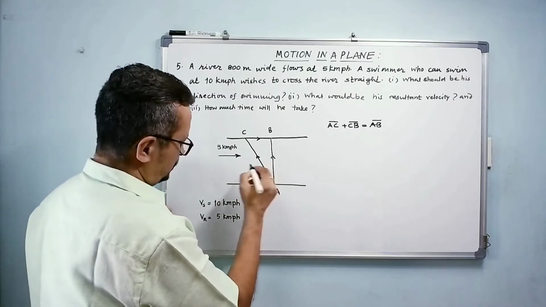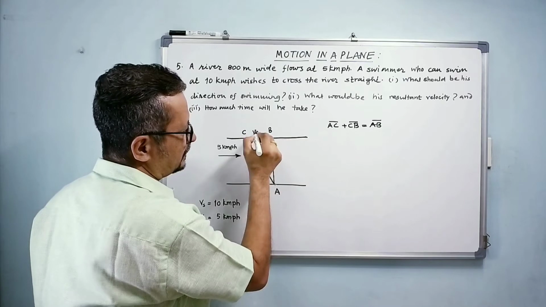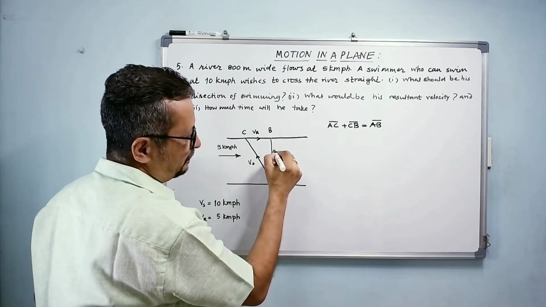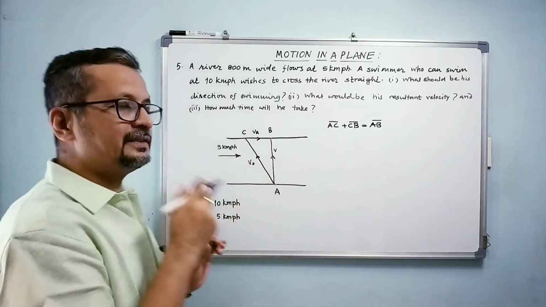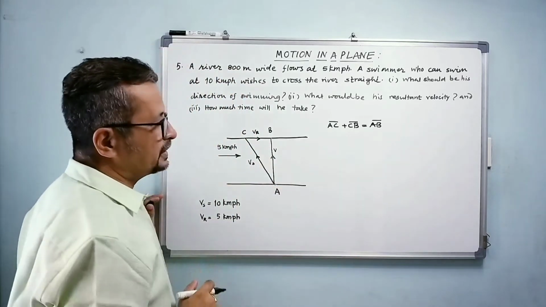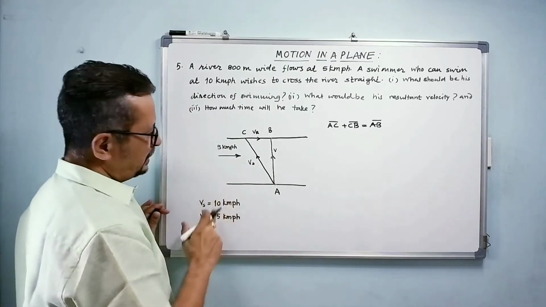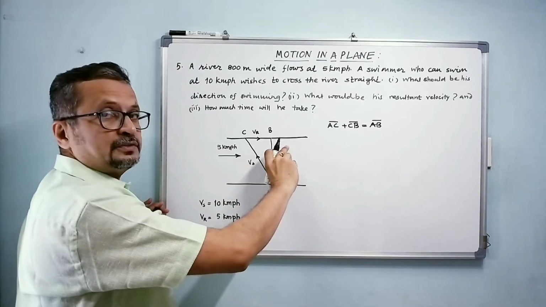Then this is my Vs, this is my Vr, and this is my V. So that is the relative velocity or the resultant velocity. So resultant velocity would be this. Now let us try to find out how much this is.